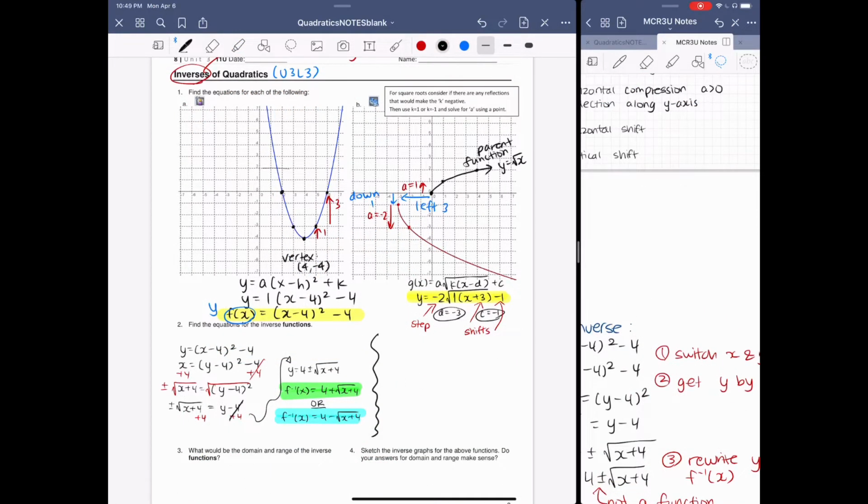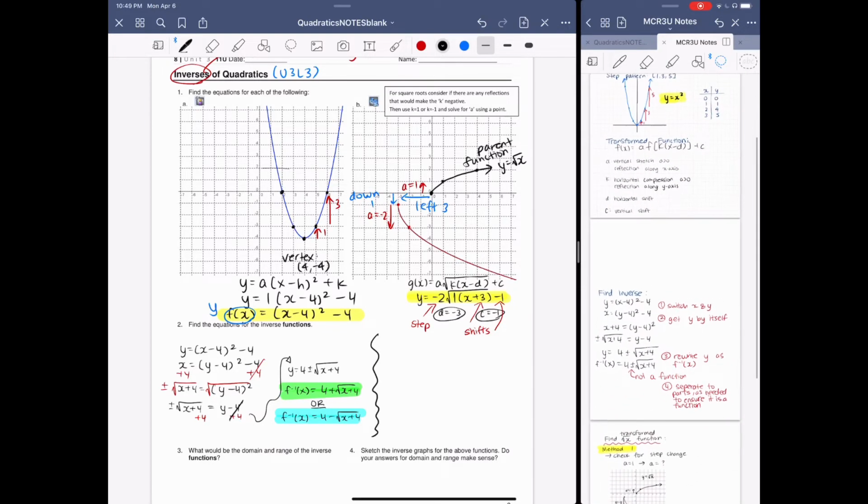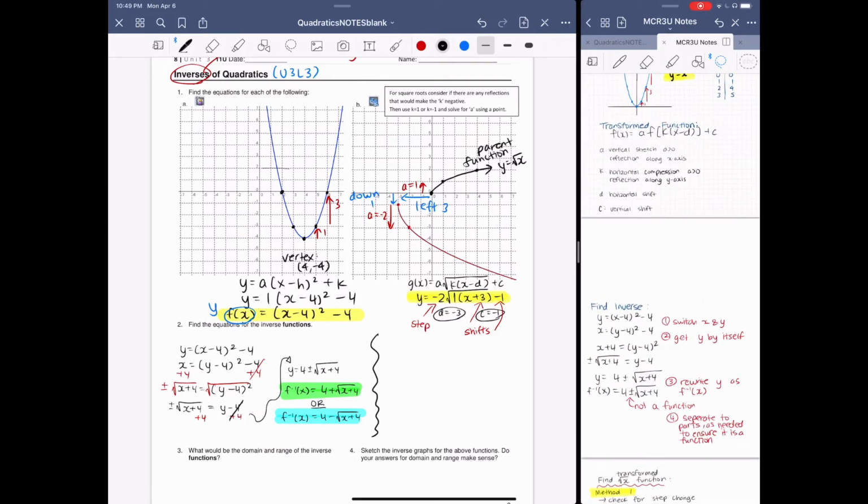Okay, finding the inverse of the second equation. I'm going to follow the same steps as the ones on the right. I'm going to switch the y and x. So x is equal to -2 square root of (y plus 3) minus 1.